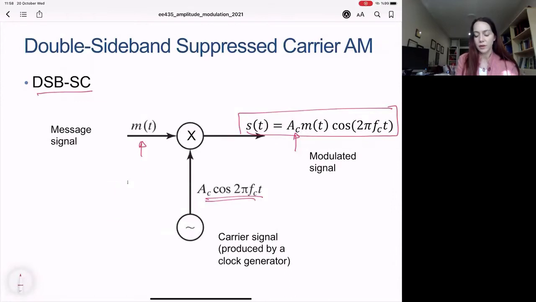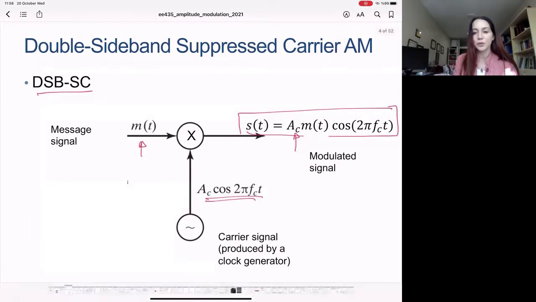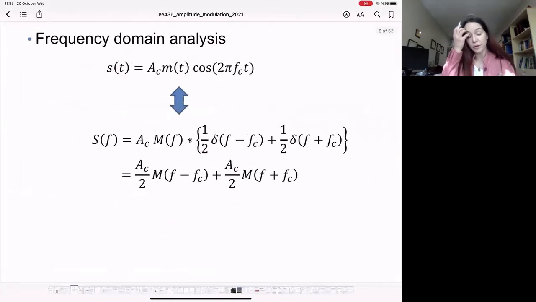Later on, this AC will come into the picture when we compute the power efficiency and the signal to noise ratio of the modulation scheme. Okay, so AC times m of t times cosine 2 pi fc t. Since all of you know trigonometry, the rest is going to be quite clear to you.